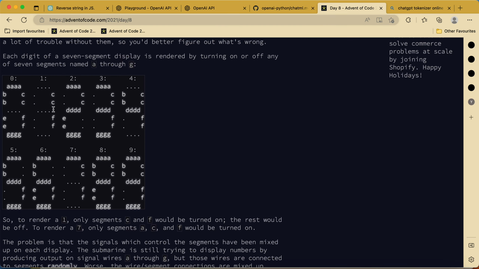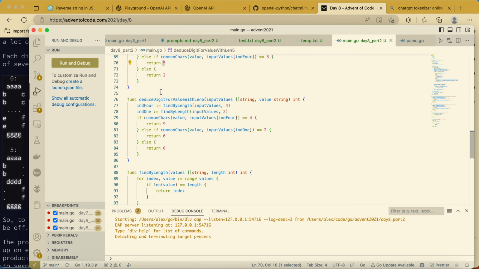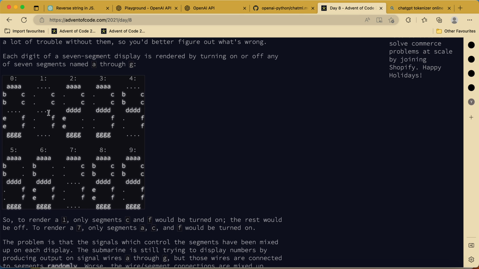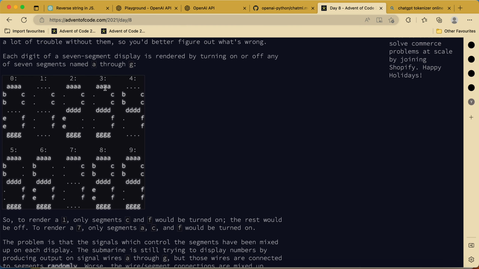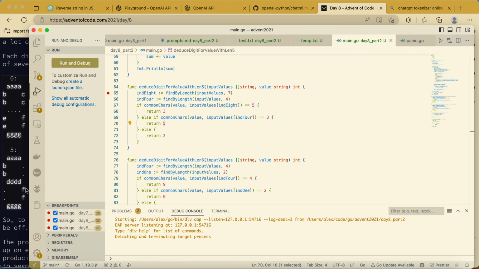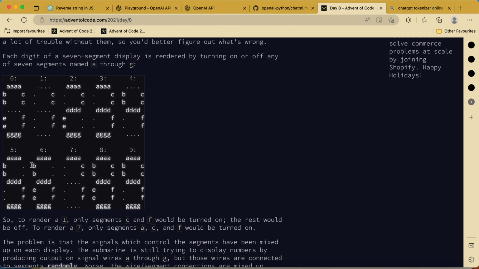What I had thought previously doesn't seem to make any sense. Why here, when I'm deciding am I 2, 3 or 5, I know that the only one that has all the ones is this 3.